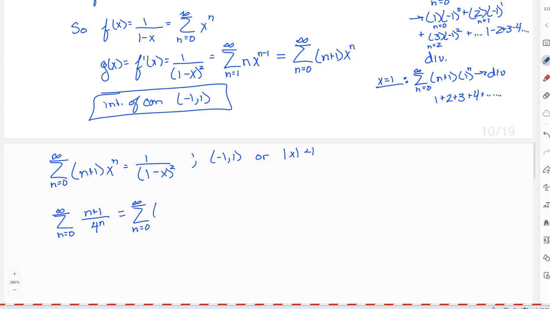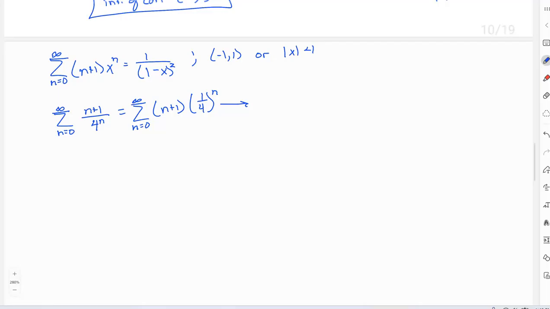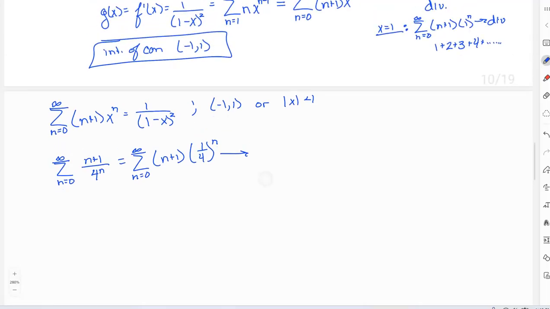So I'm going to think about this as n plus 1 times 1 over 4 to the n. So if I compare this to the series we know, I'm replacing that x with a 1/4.